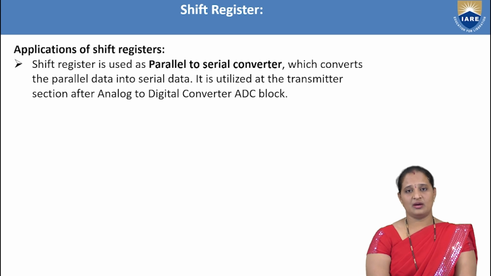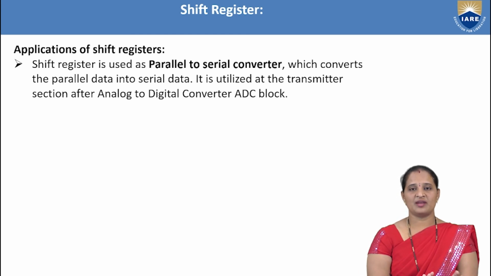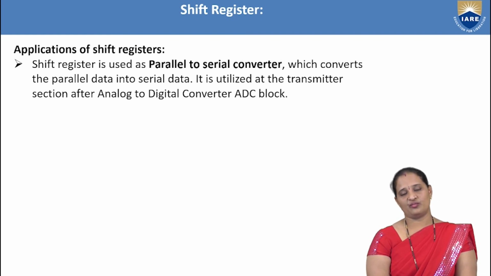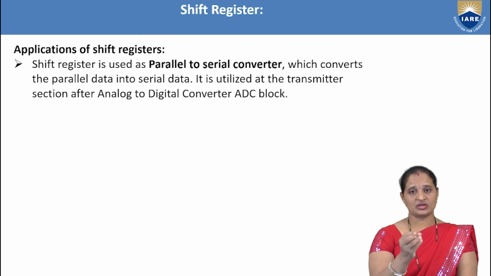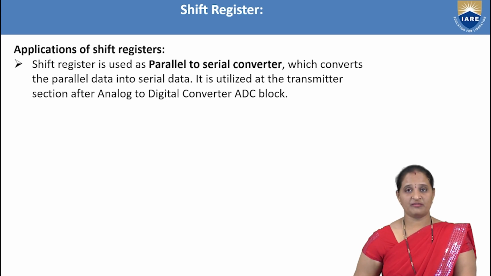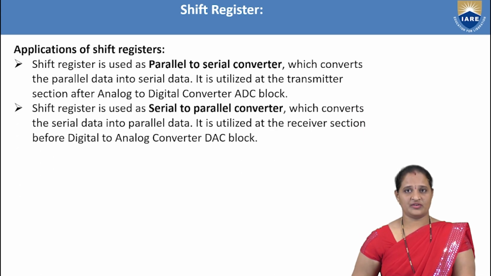This kind of operation is most commonly used at the transmission section of an analog to digital converter. Whenever we are designing analog to digital converters, which convert an analog signal into digital, there we can find more applications for a parallel in serial out shift register.